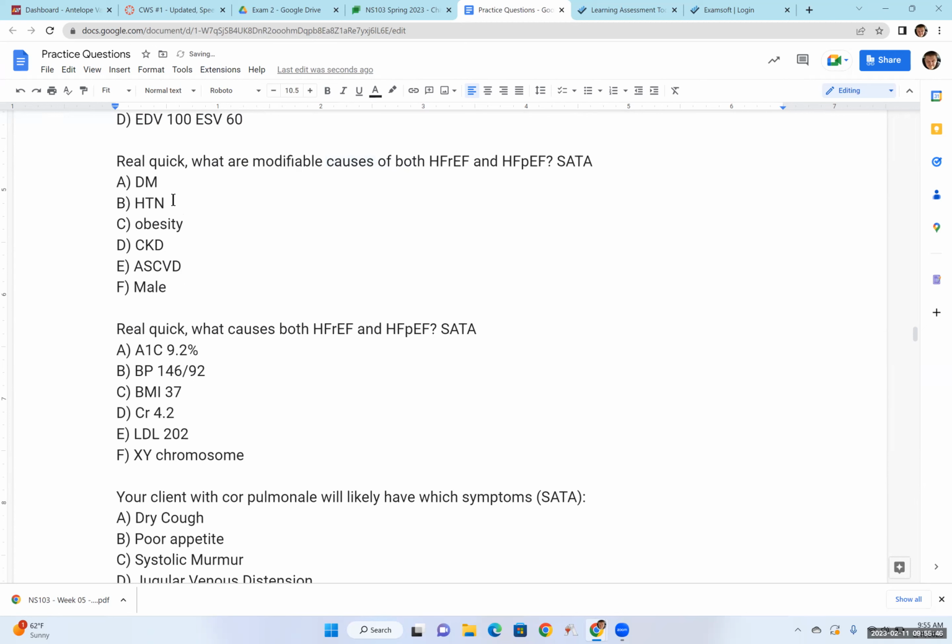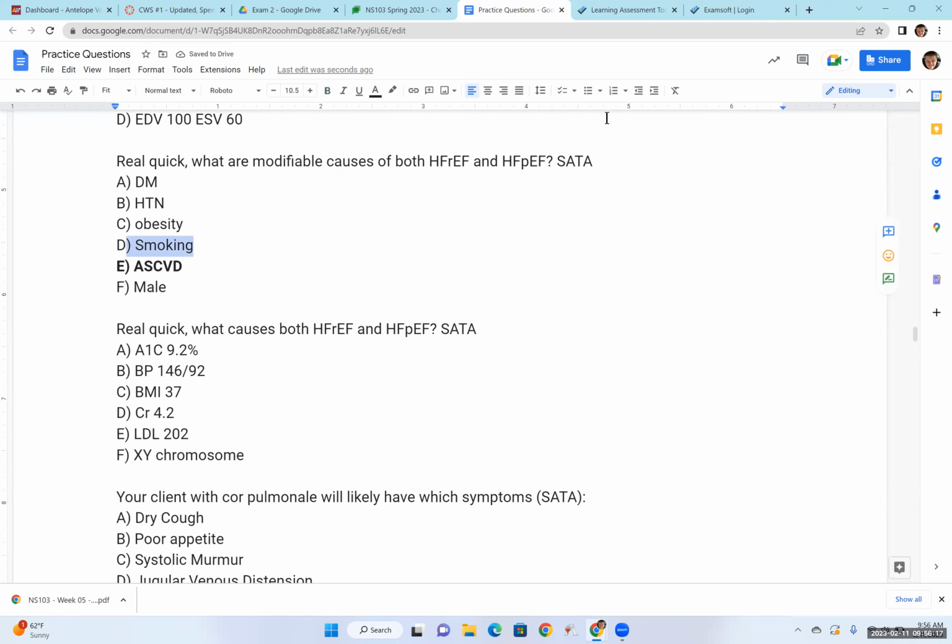Right, what are modifiable risk factors then? So male is not modifiable, like birth gender. ASCVD can be modifiable. I mean, there are varieties that aren't, but 9 times out of 10, it's going to be. Unless we even have genetics. So I'd have to specify something else, maybe let's say smoking, right?